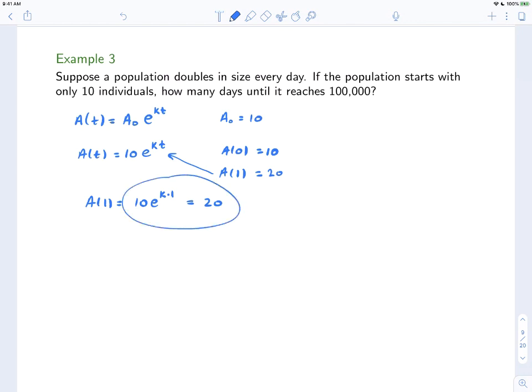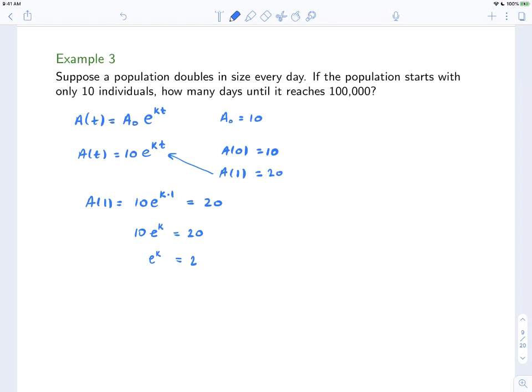This equation will tell us what k is. Basically, we just solve for k. We have 10 times e to the k equals 20. Divide everything by 10, and you have e to the k equals 2. We want to solve for k, so we need to get it out of the exponent. And the way you do that is apply a logarithm.